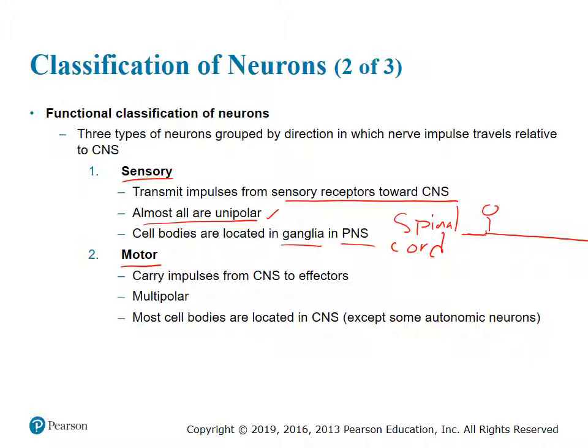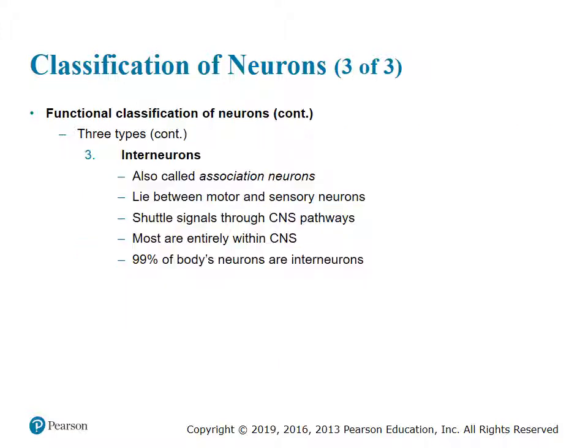The motor, right? Again, impulses from the CNS to the effectors. Those are going to be multipolar neurons. Okay. Most cell bodies are going to be in the CNS for motor neurons. Then there are interneurons, or those association neurons.